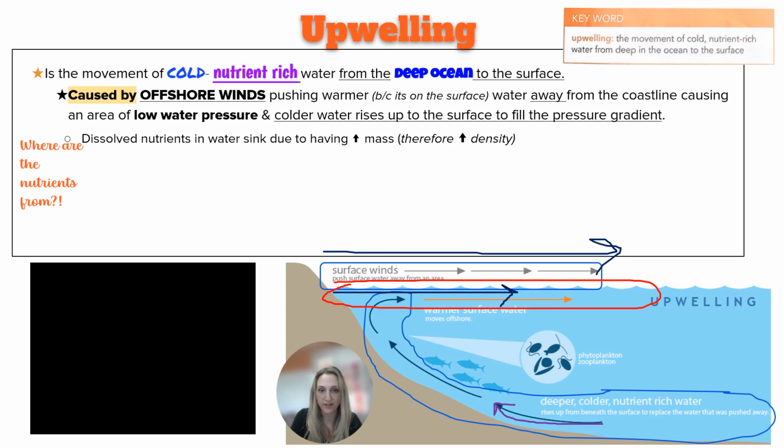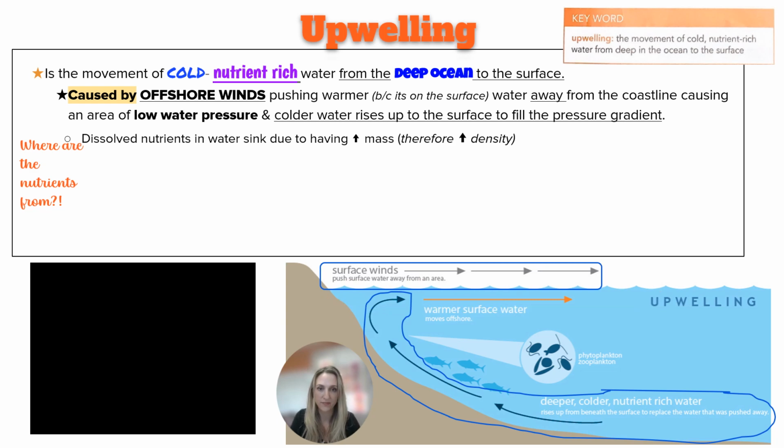And so we mentioned nutrients are coming in. I'll delete these extra lines. So nutrients are coming in, but where do they come from? They're dissolved nutrients, and they're going to sink to the seabed because they have mass, and if they have mass within the water, then the water is more dense. Dense water sinks.